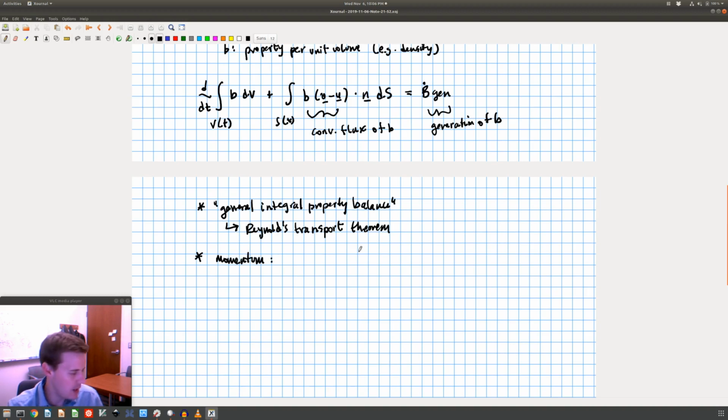Okay, and the momentum property B will then become mass times the velocity, and the little b will then be density times the velocity.